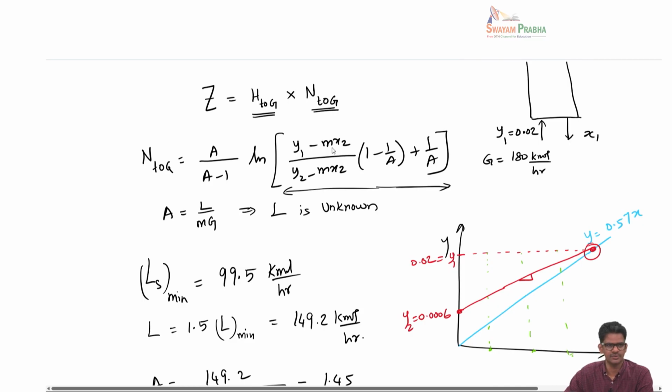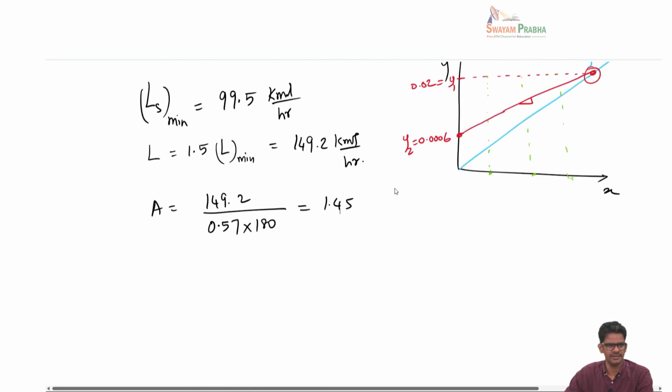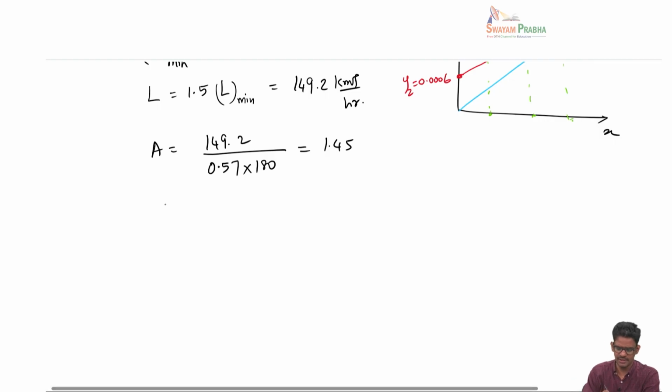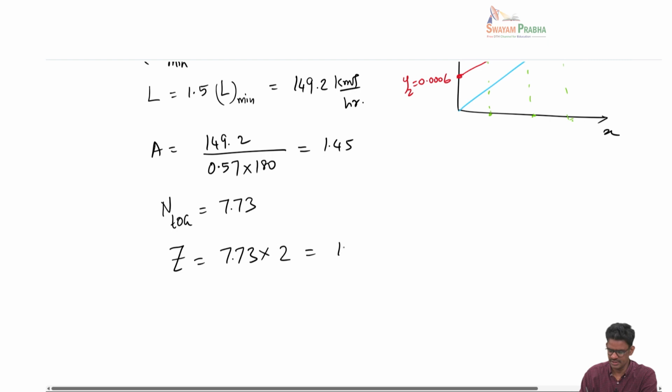Anyway, this mx2 term is 0, and the remaining thing is a mere substitution, and then you will see the NTOG that you get is 7.73. Now our Z is equal to 7.73 times HTOG, which is 2. So you'll get something like 15.5 feet. So this is the height of the column.